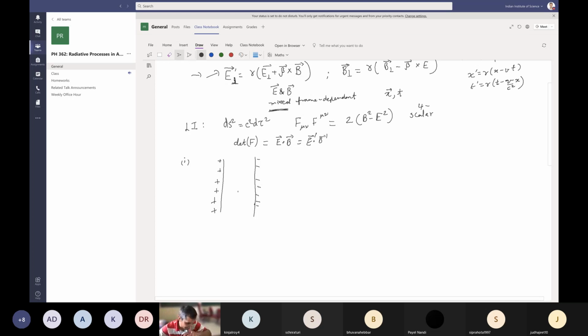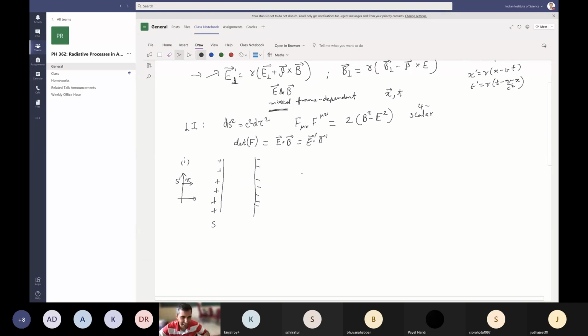This is in some frame, frame S. Now consider another frame, S prime. In frame S, these capacitor plates are at rest. In S prime, you are moving with a velocity v, right?